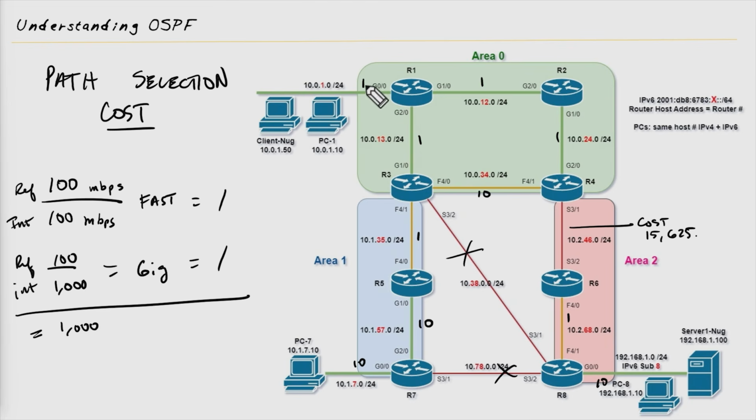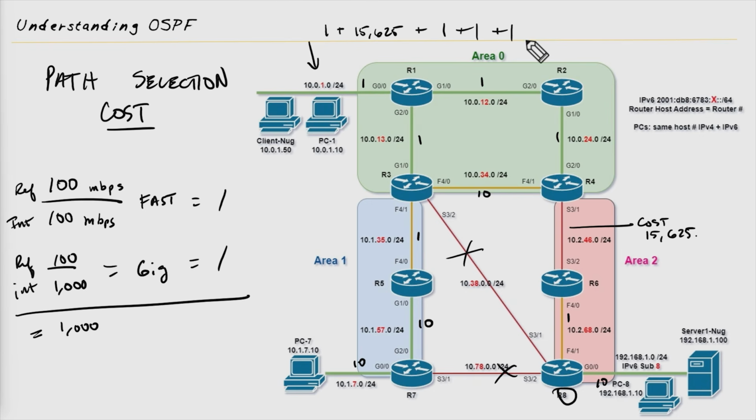And so if we were going to calculate, for example, from the perspective of R8, its cost to get to the 10.0.1 network, assuming the network's converged and all our neighborships are set up. For this target network, the OSPF cost should be, we'll have a 1 here, so 1 plus 15,625 plus, then the best path would have a cost of 1 here, and then going through our 2, the cost is 1 there, and then we count the final network, which is 1 here.